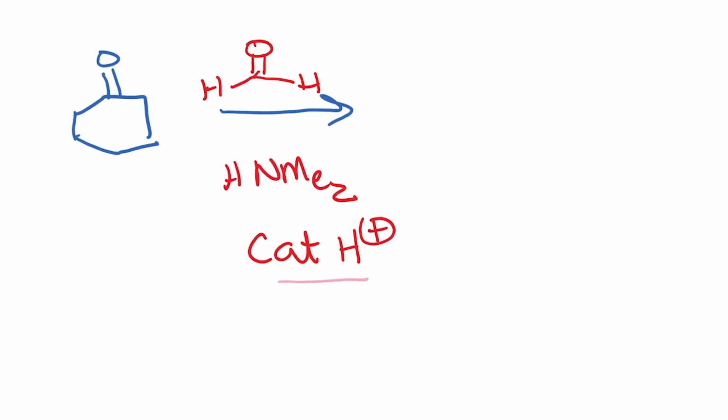So again, in the presence of catalytic hydrogen ion and dimethylamine, formaldehyde is going to produce C double bond N Me2 plus. Okay, so this is something that we have already looked at in the past. That is, if you take an aldehyde and react it with a secondary amine, you get an iminium.